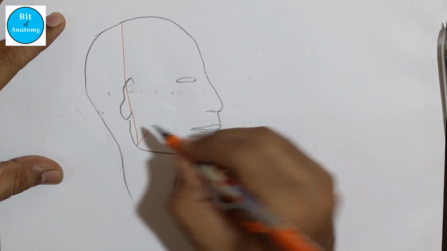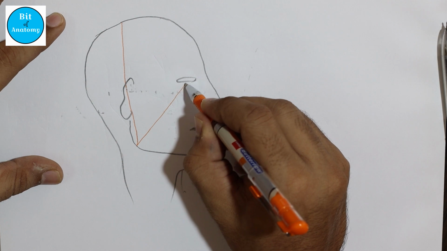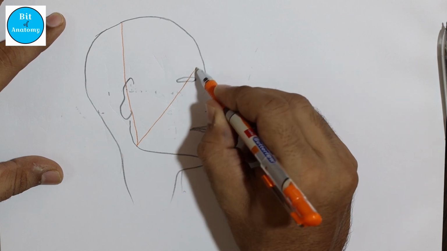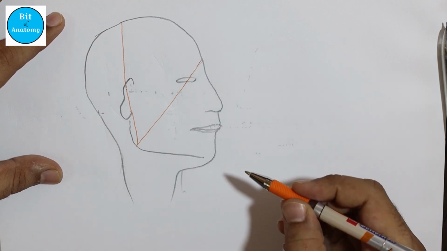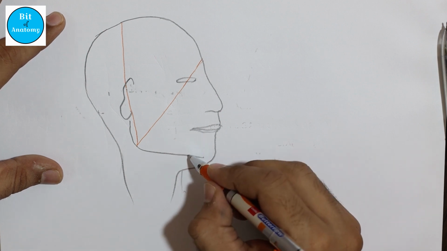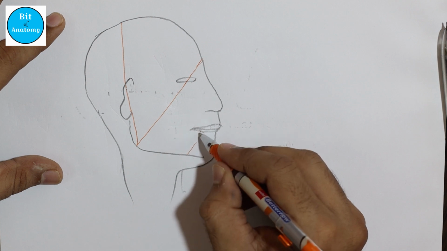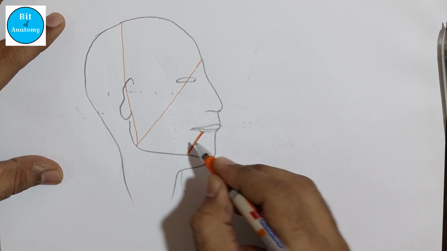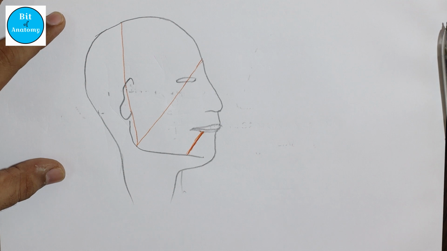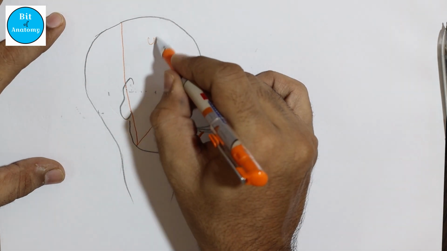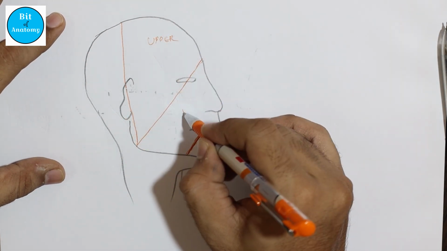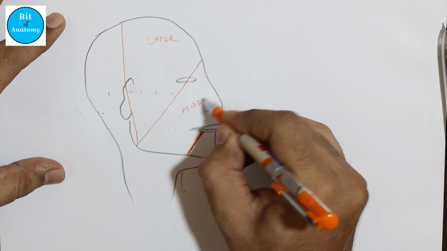Next, a line again coming from the angle of the mandible, which cuts the eye in two halves and reaches the forehead region. And the third line from the base of the mandible reaches the lower lip, leaving its lateral part. So this is the upper area, this is the middle area, and this is the small lower area.